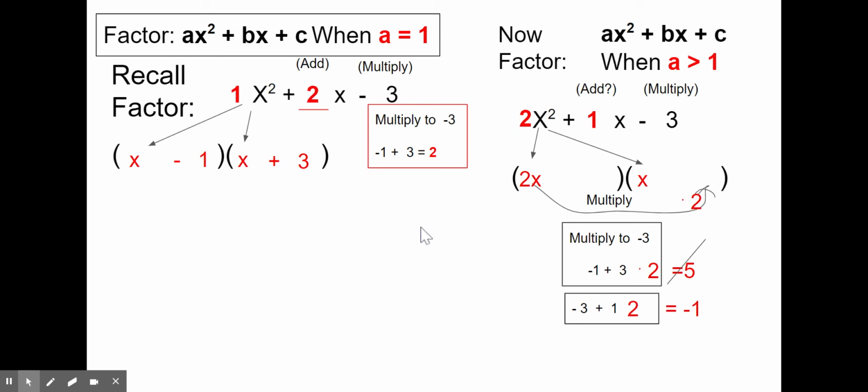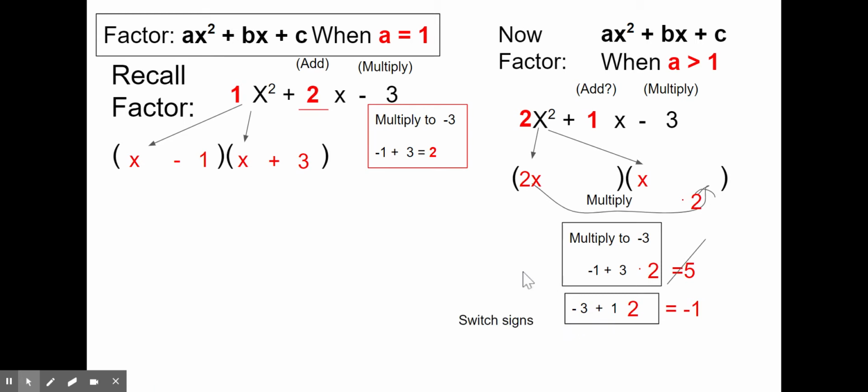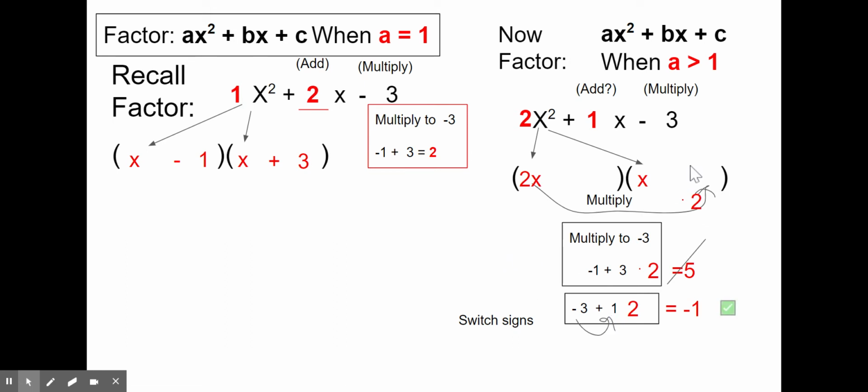If that happens, it's a pretty simple matter of just switching the signs. So I'm going to switch the negative from the 3 to the 1. So instead of a factor of negative 3 and positive 1, I'm going to have factors of positive 3 and negative 1. Remember, the negative 1 has to be the multiplier of 2, so my negative 1 needs to go into this binomial, and my positive 3 needs to go into this binomial.